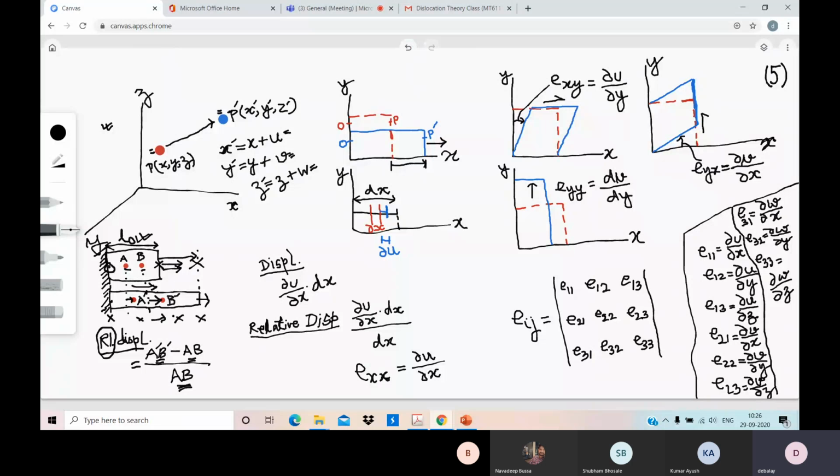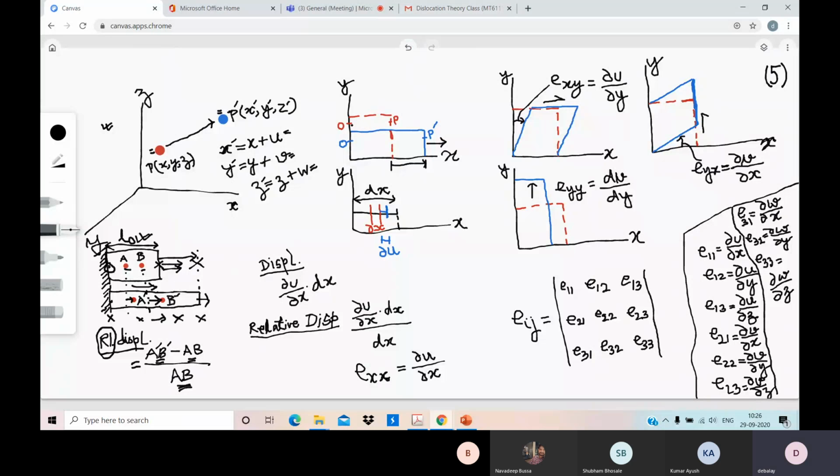So there is a direction of movement, and there is also something called proportionality of the displacement. That means in this case, the point is moving along the direction x, and it is also proportional to the direction x. The more you go towards the direction x, the more the point is moving.